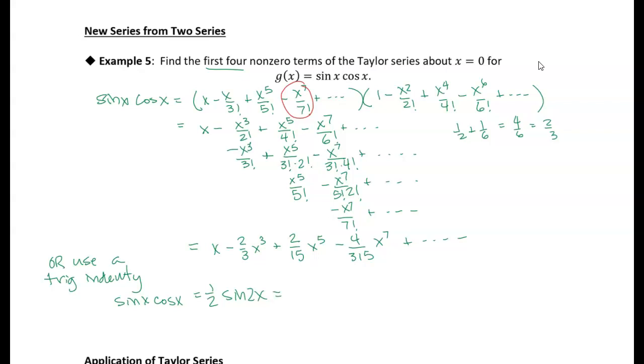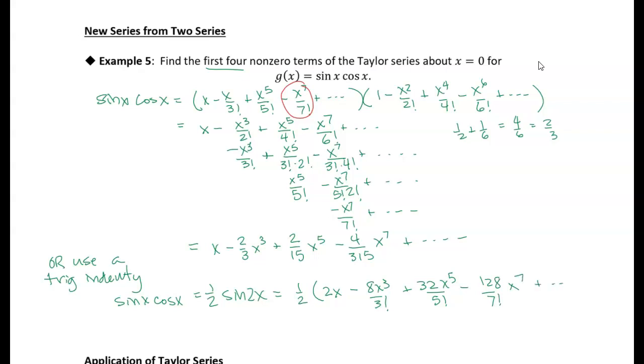And we know the Taylor series for the sine of x, so we can do a substitution, and what we end up with is 1/2 times 2x minus 8x cubed over 3 factorial plus 32x to the fifth over 5 factorial minus 128 over 7 factorial x to the seventh, and so on.